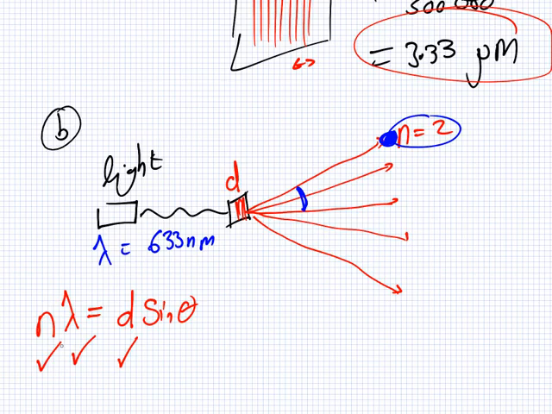Oh, good, yes. 633, 10 to the minus 9. Nano is 9, right? Minus 9, yeah, minus 9 for nano.